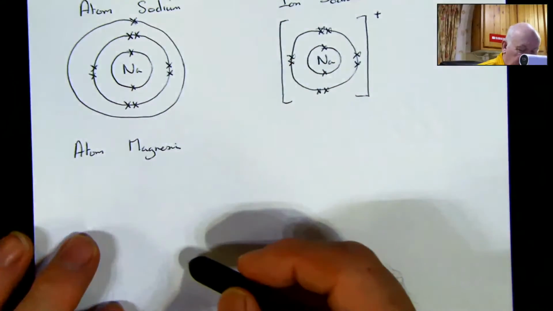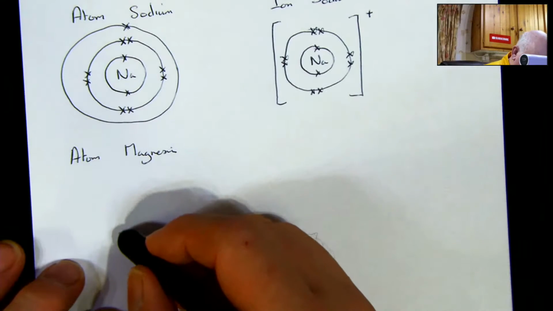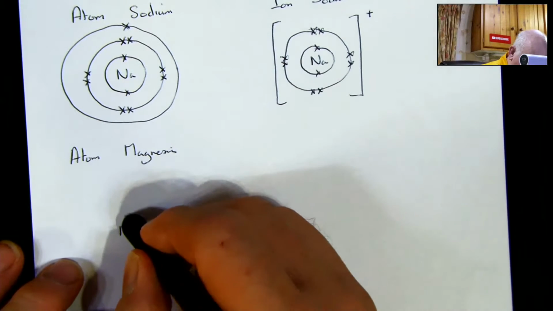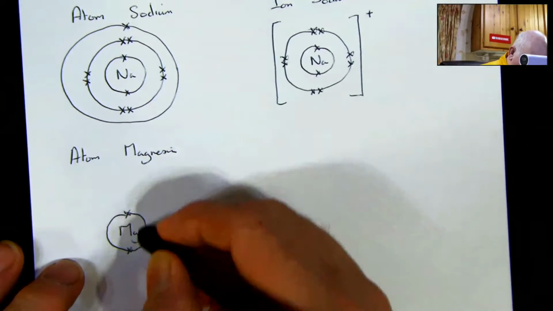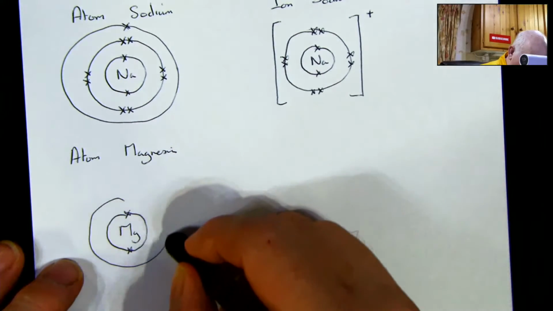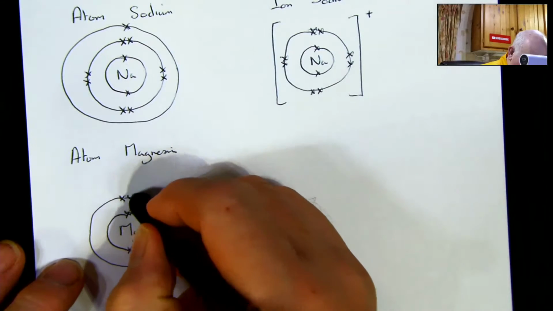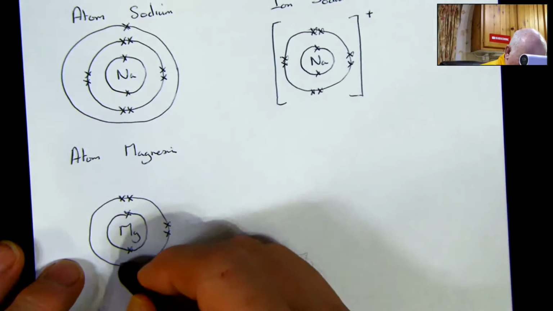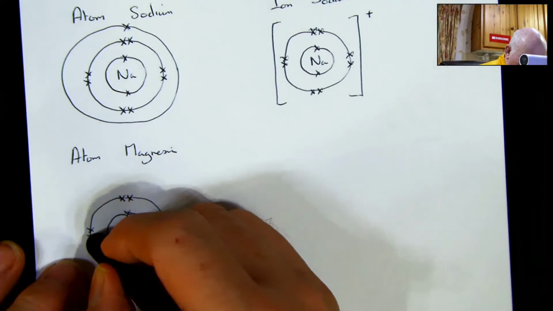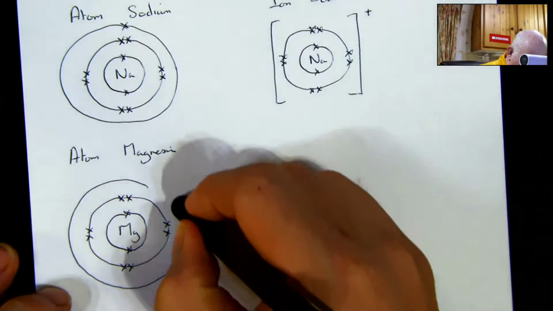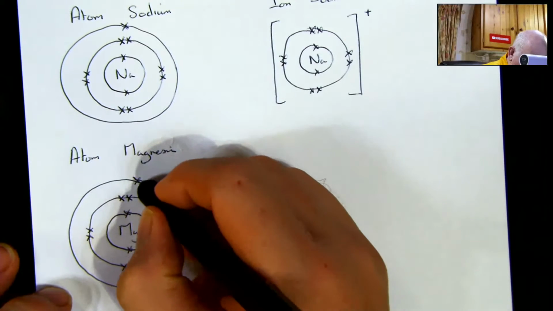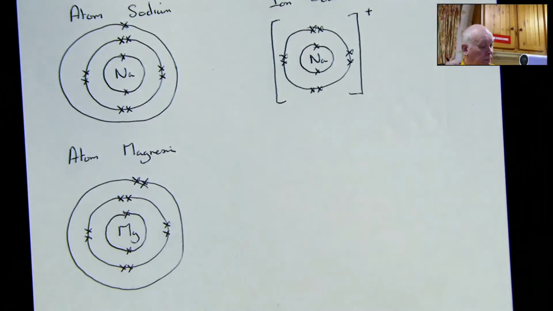Magnesium's next to sodium in the periodic table, so it's quite easy to work out the number of electrons. 2 in the first layer, 8 in this second shell, but this time it's got 2 electrons in the outer shell.